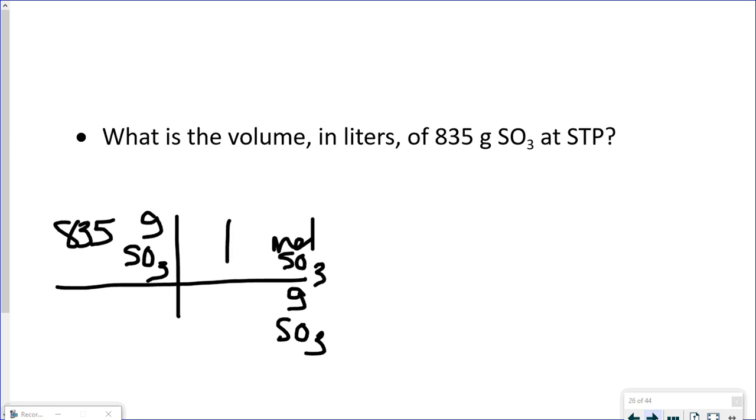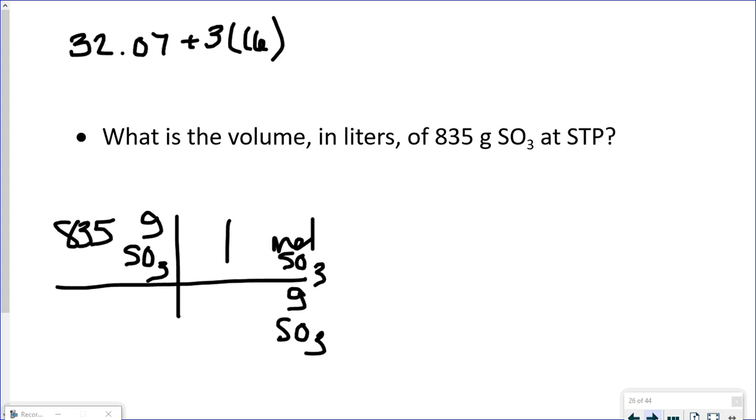And remember, 1 mole is equal to that molar mass. So we need to find our molar mass. So I'll do work for this up top. So remember, we have sulfur, which is 32.07. Add to that, we have 3 oxygens that are 16 apiece.